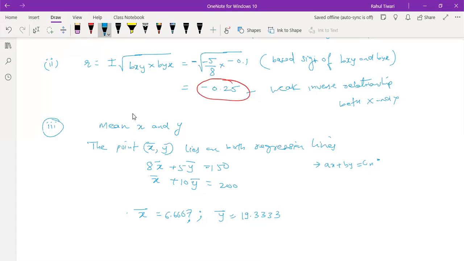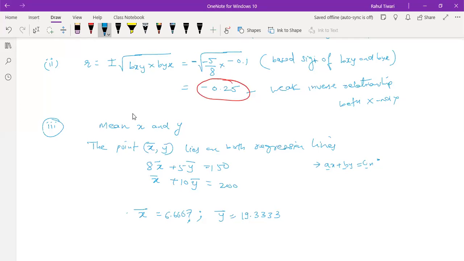Now look carefully: the values of a, b and c are given as 8, 5, 150. So what to do? Whatever equations you are getting in the form ax plus by plus c, press the appropriate number, and then press the coefficients. 8 equal sign, 5 equal sign, 150 equal sign.